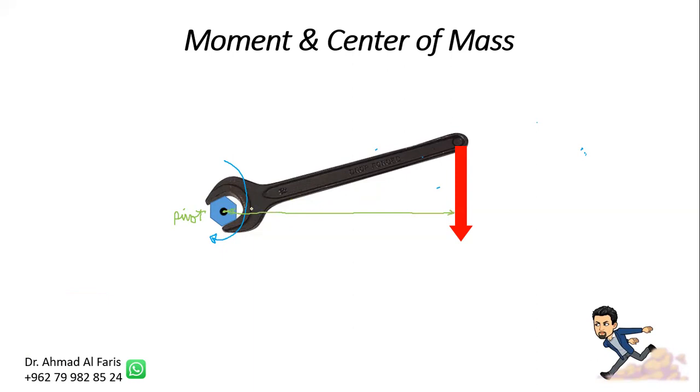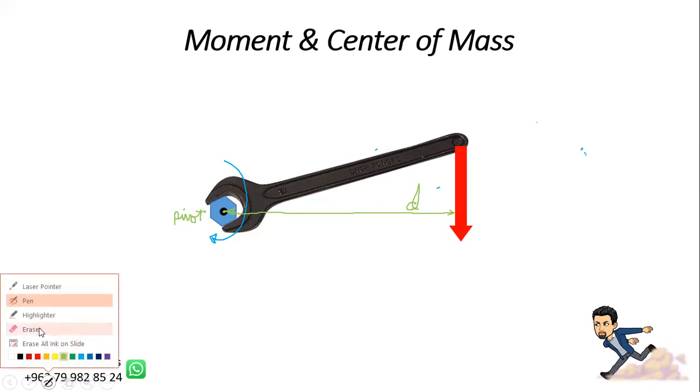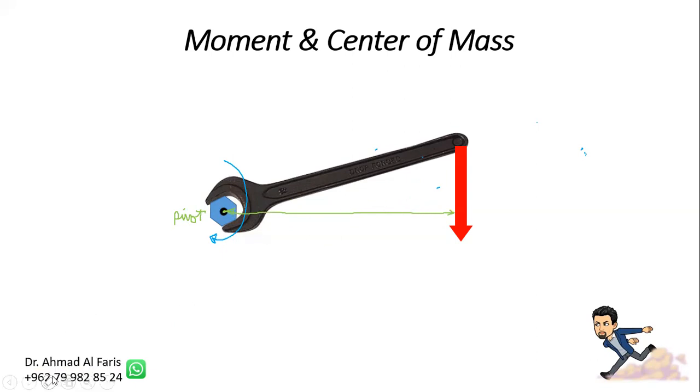As you can see, this distance is huge. This is F. That means I can rotate it easily in this direction.